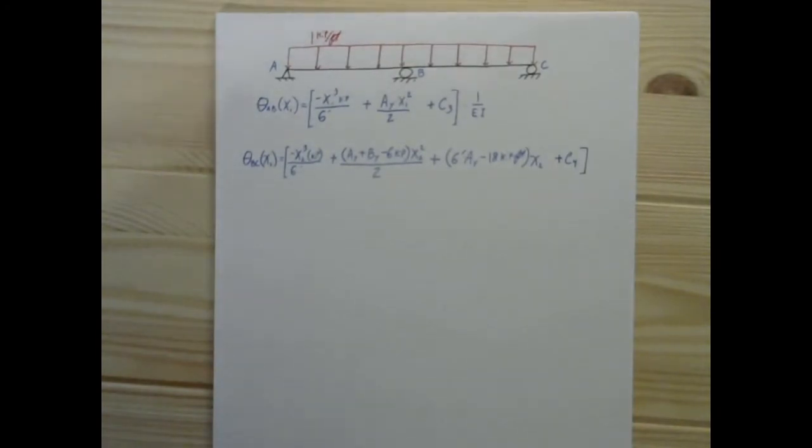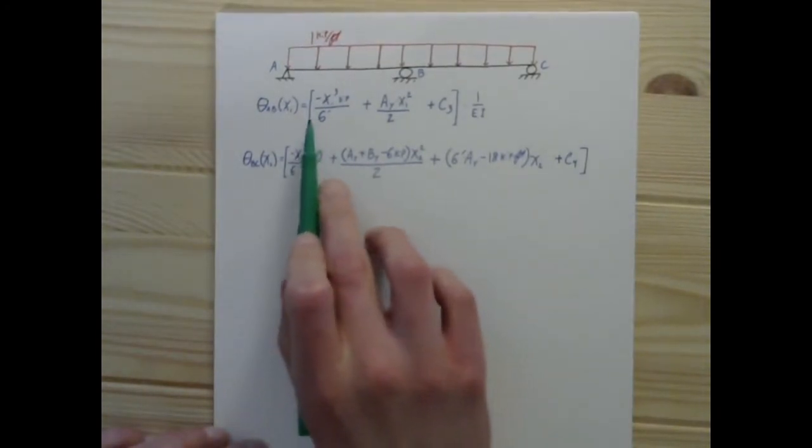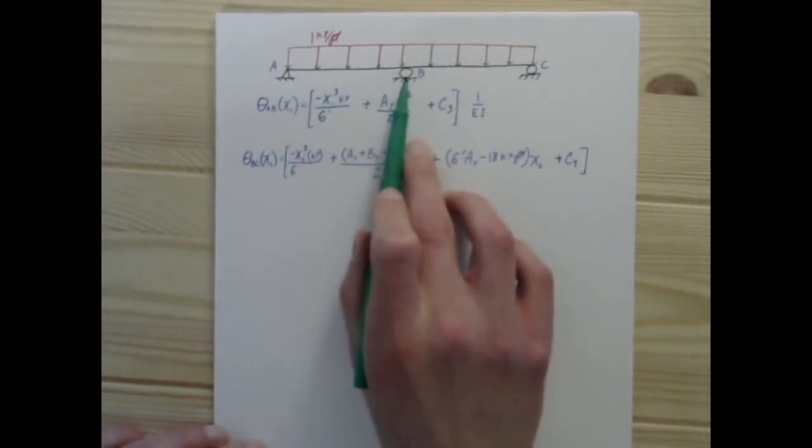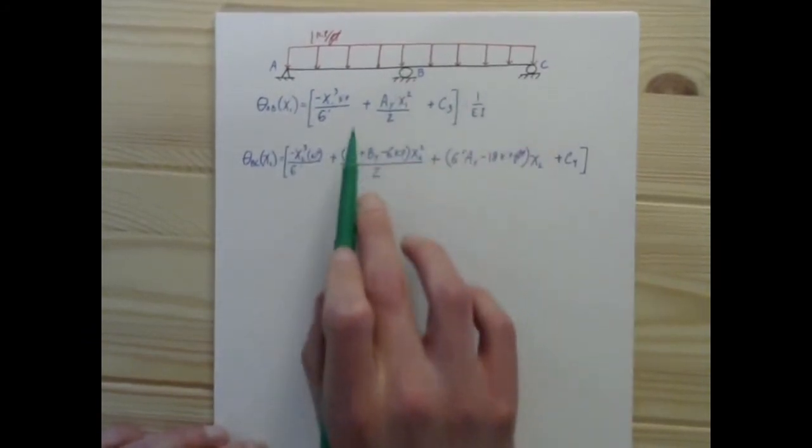We've determined what the rotation equations are for the section from A to B and from B to C. They're these.